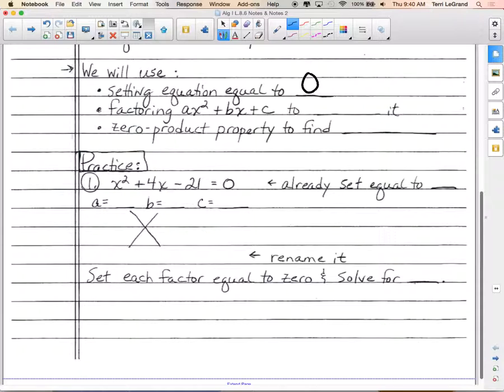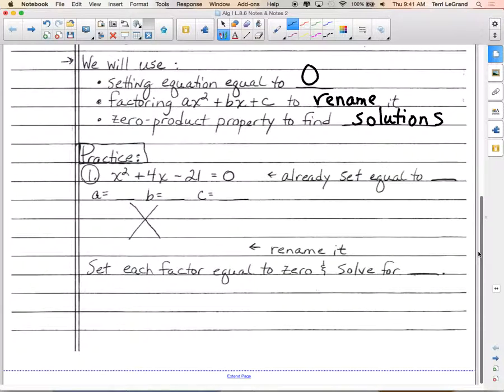We're going to factor the other side of the equation, the quadratic function rule, ax squared plus bx plus c, to rename it. In other words, just give it its factor name, because then we can use the zero product property with those factors to find solutions. Solution or solutions. There might only be one solution, not 2. One or the other today.